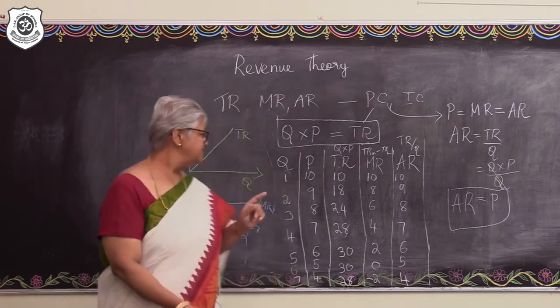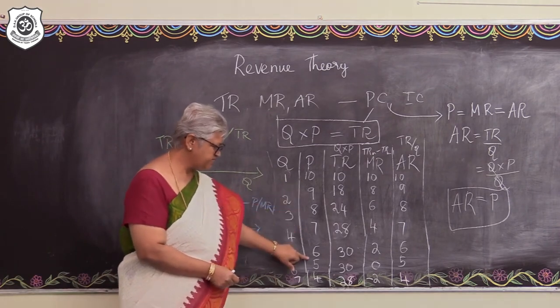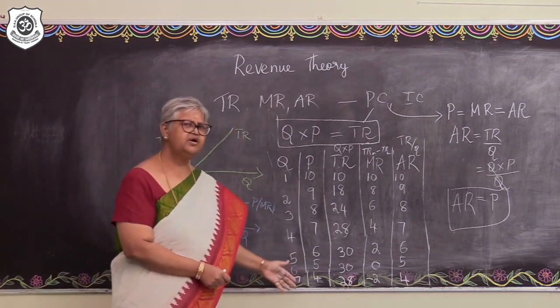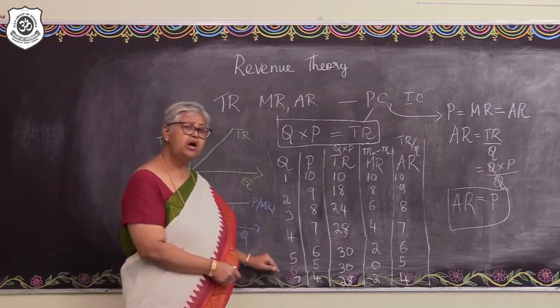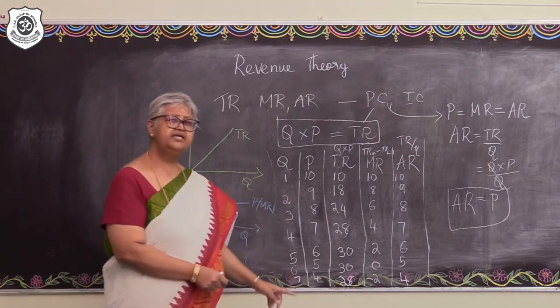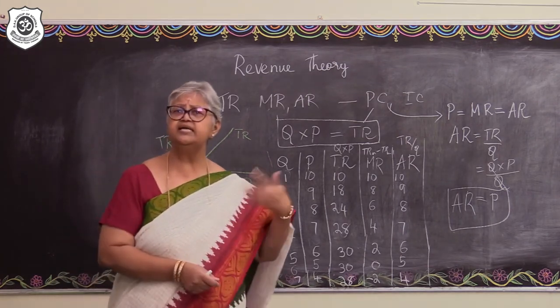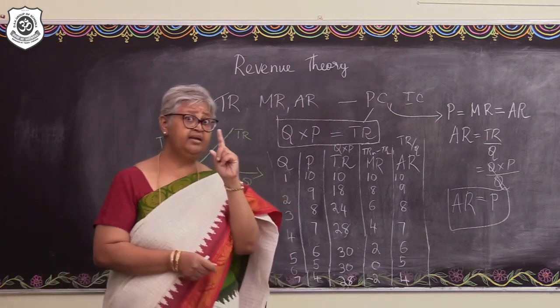Do you get this? Price is falling. 10, 9, 8, 7, 6, 5, 4. Continuously it's falling. And as a result of that, the units of output sold is also increasing. 1, 2, 3, 4, 5, 6, 7. So should it not be generating more and more total revenue? Yeah, it doesn't happen, isn't it?